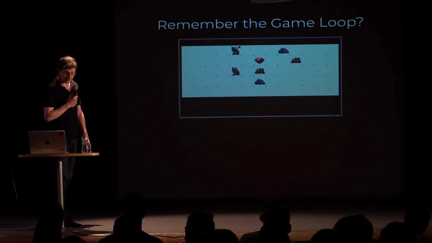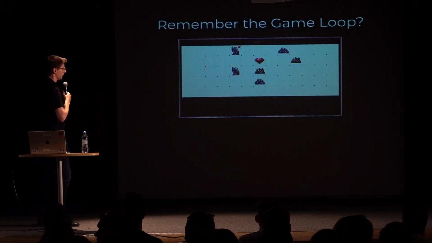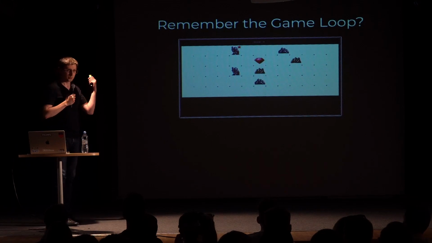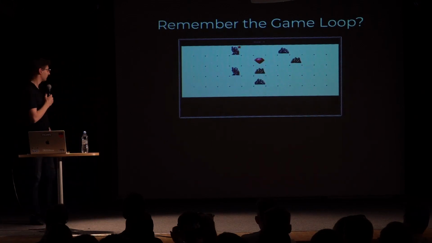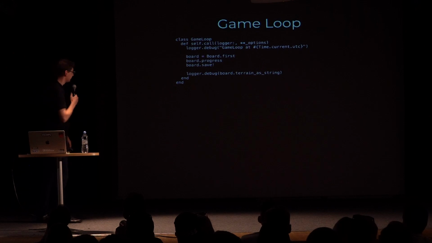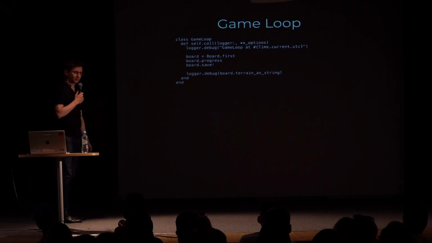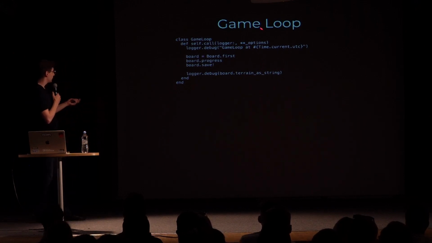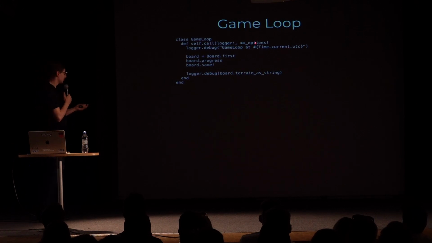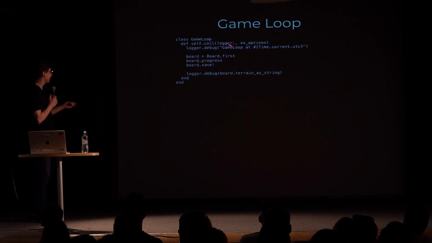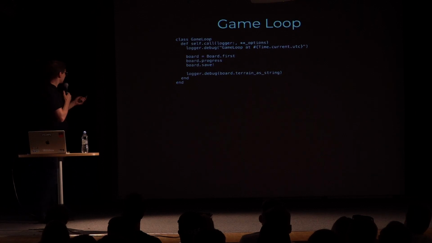All right. And with that knowledge, let's see how this is implemented. So we have a game loop. This is a class with a call method. It gets a logger, and there are a few more options, a bit like in Trailblazer, because the idea to do that came from there. So we can debug, but that's not relevant.